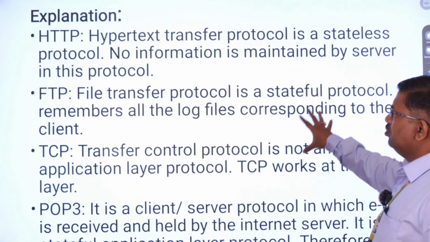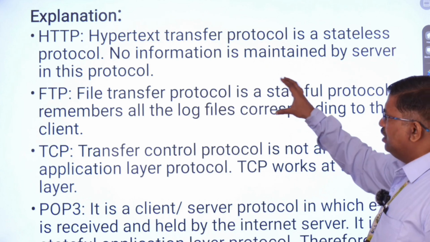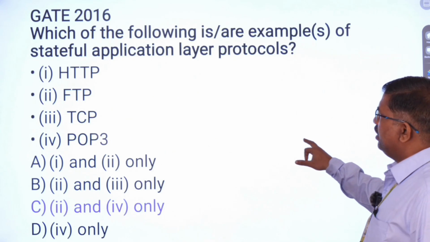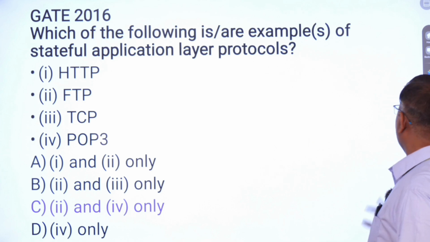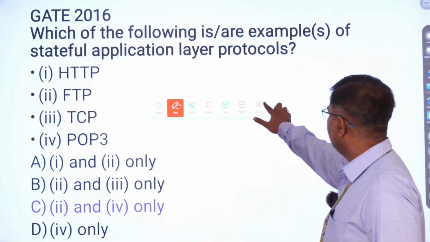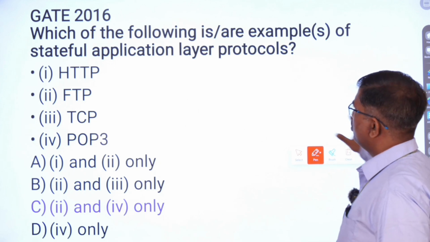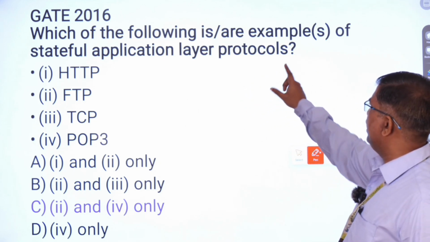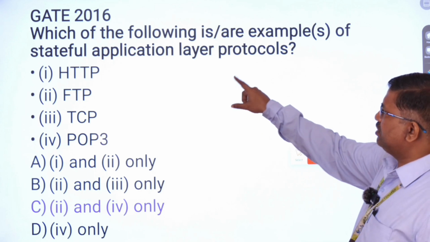So, you are comfortable with handling that question. Now we go back to that question and try to answer it. When you look at this question again, you will be very clear on how to answer it. Which of the following is an example of a stateful application layer protocol? Here, it is clearly given as stateful.